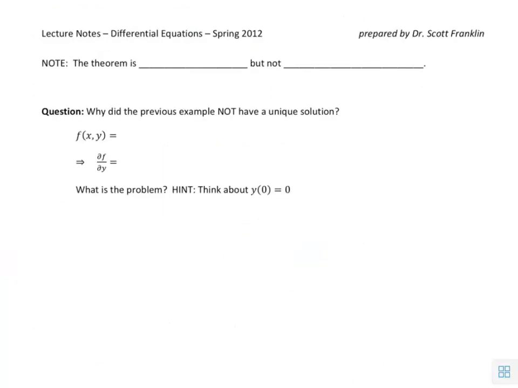Now, the theorem here, let me point out, is sufficient, but it is not necessary. What I mean by that is that the conditions of this theorem don't go both ways.